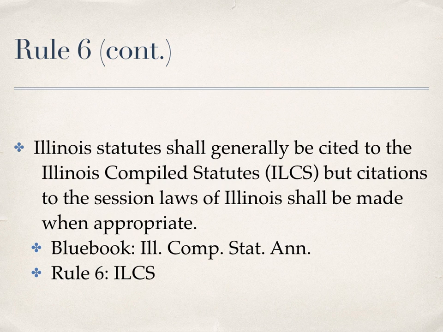But under Rule 6, we get to change that IL Comp Stat An to ILCS. And this is why when you read an Illinois case citing to the Illinois statutes, they never say IL Comp Stat An in the citation, they just use ILCS, because that's the convention that we use in practice in courts in Illinois.